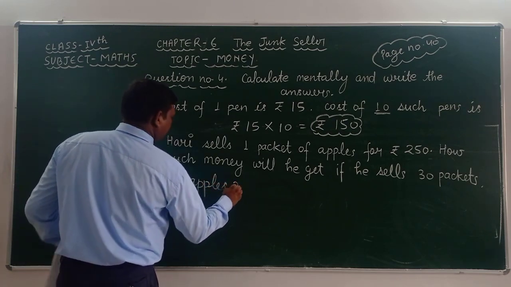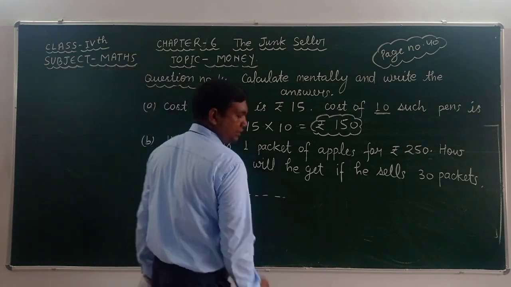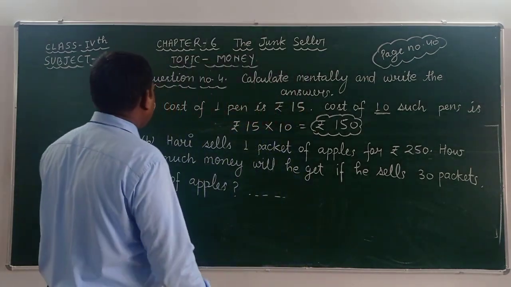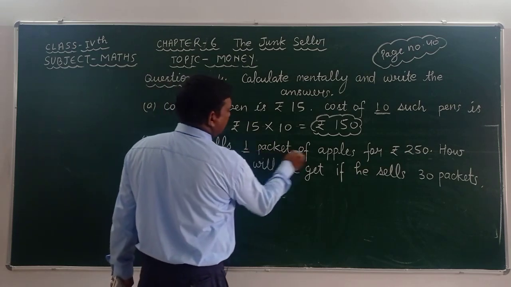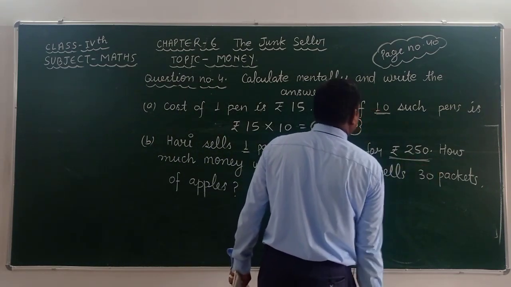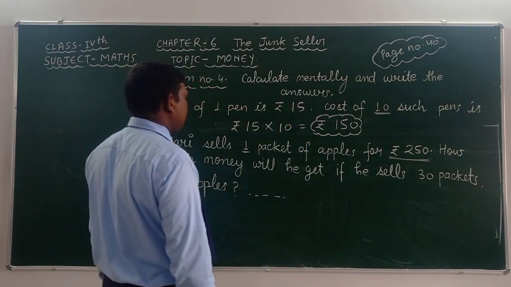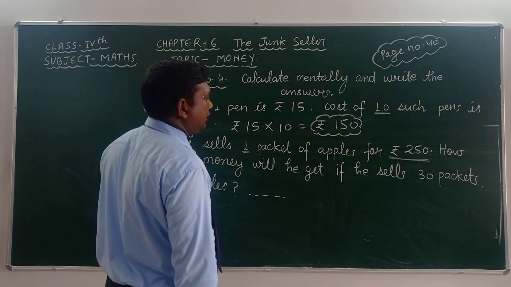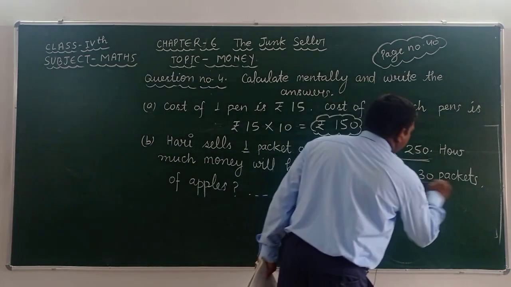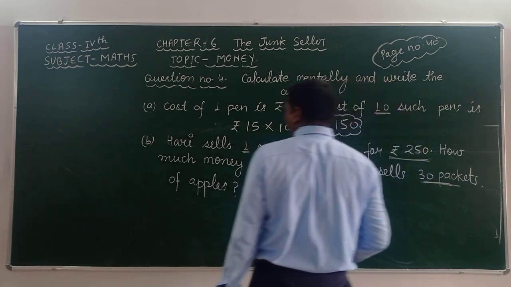Okay, students, look here carefully. In this question, Hari sells one packet of apples for rupees 250. How much money will he get if he sells 30 packets of apples?